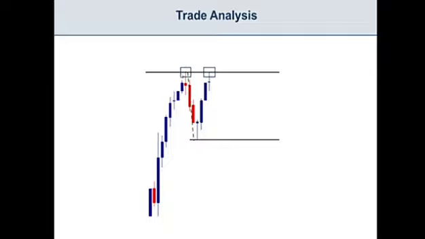Well, in this case, we are in a double top, and we're going to calculate it from the resistance area to the neckline, and in here we have a 60 pip range. So what we do is we go to the neckline and we extrapolate the 60 pips to the downside to get our targets. Okay, and now we wait for price action.